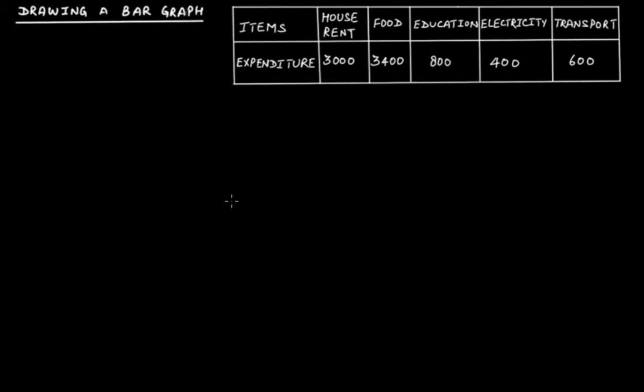Yes, you have to choose or select some other scale. What about 200? Can we choose 200? Yes, of course we can choose 200. If we choose 200, then it is 0, then 200, then 400, then 600, then 800, and from 800 it's 1000, then 1200.